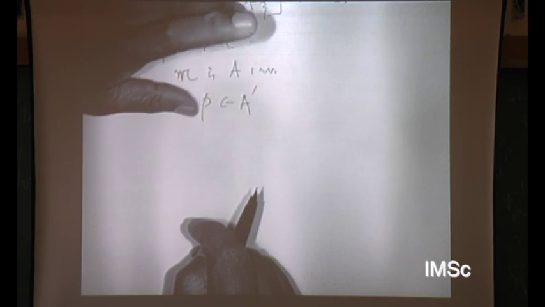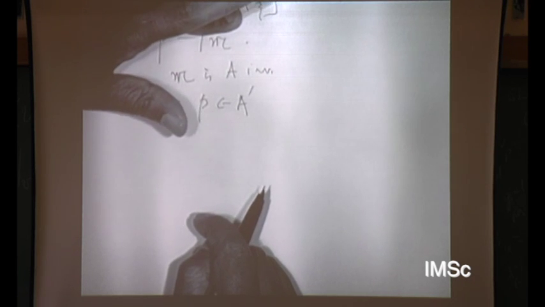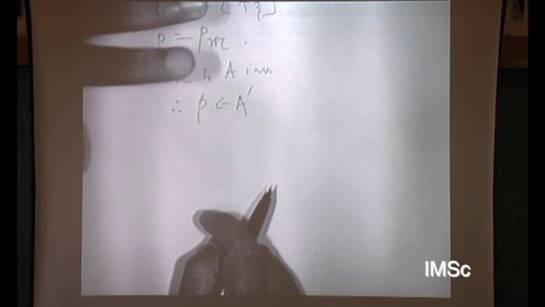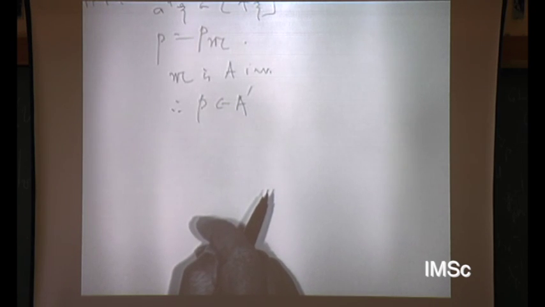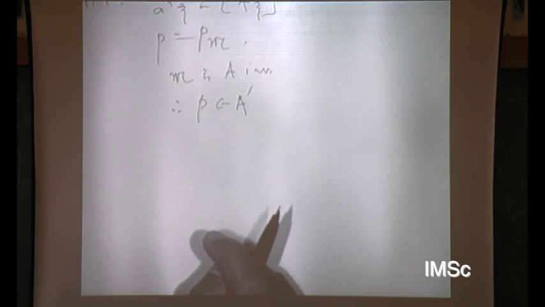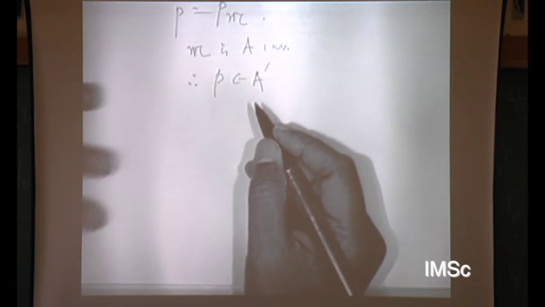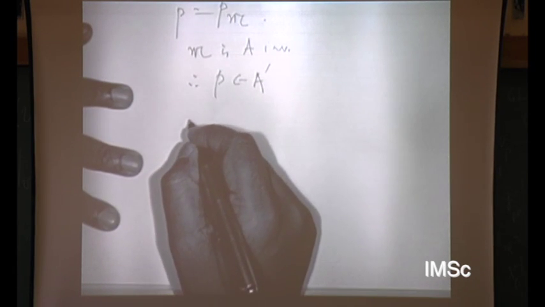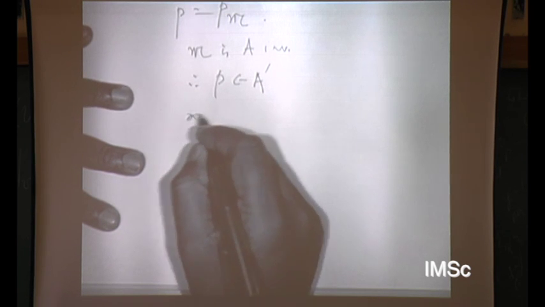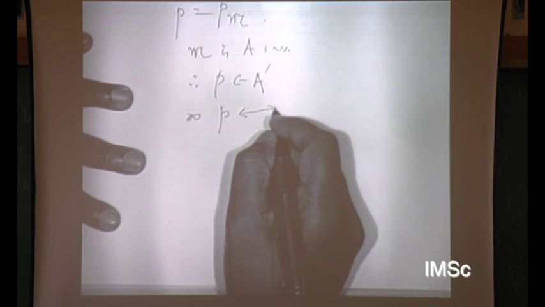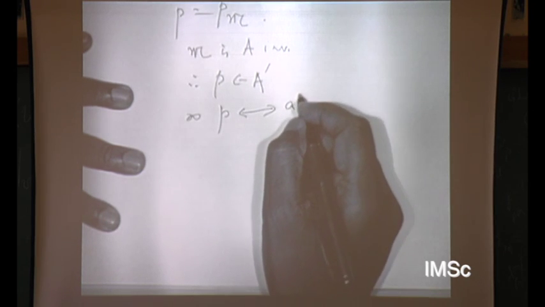A subspace being invariant under 𝒜 is the same as saying that the projection onto the subspace is in the commutant. So this is what it says. But if P is in 𝒜 prime, then P commutes with A double prime.